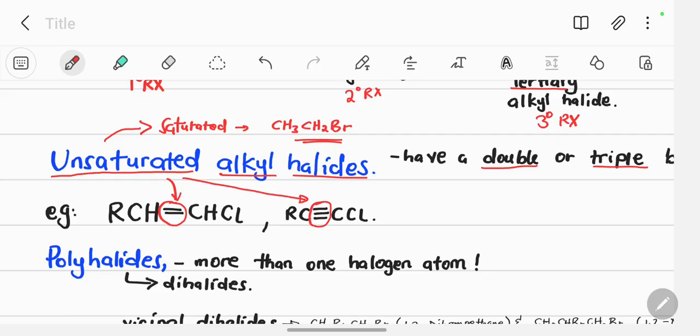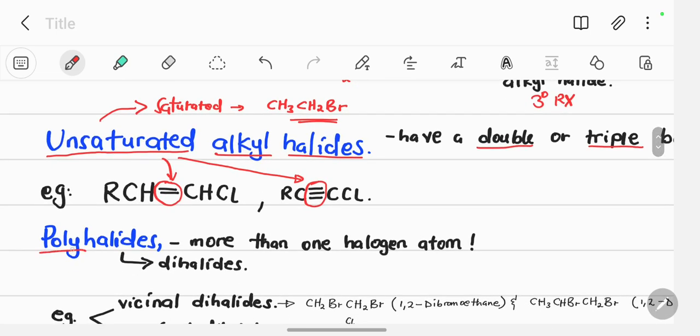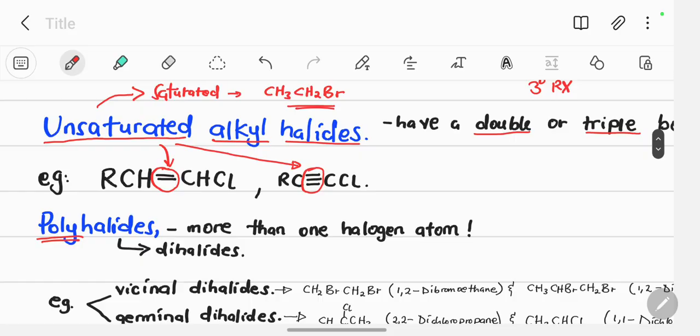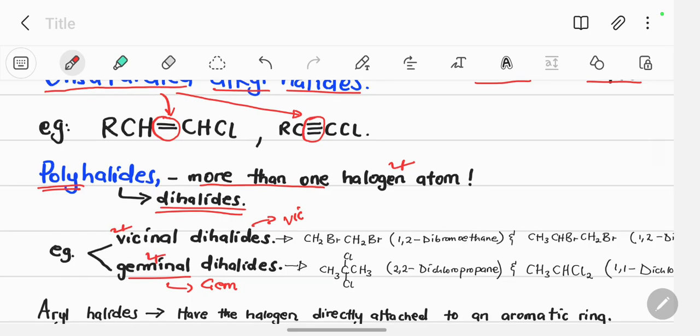Then when we move on to another classification, we have polyhalides. We shall come across these polyhalides. These ones have more than one halogen atom. Sometimes we call them dihalides, and they are grouped under the vicinal, sometimes called vic dihalide, or gem dihalide. So that is it, vic or gem dihalide.